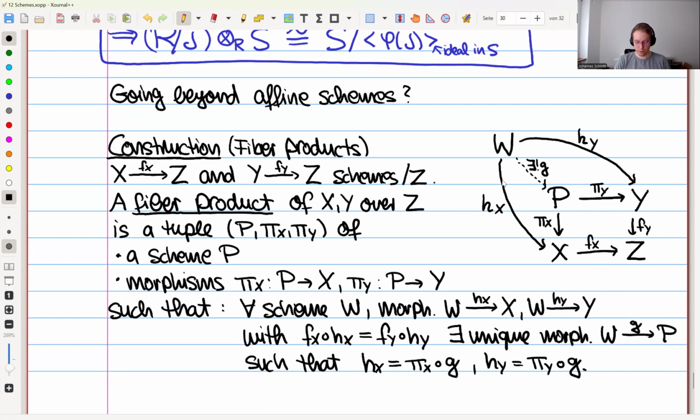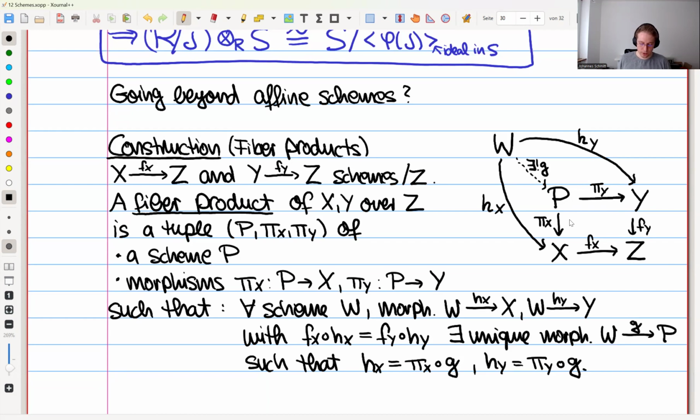So in other words, if you go from W to X and then to Z, it should be the same map as if we go from W to Y and then to Z. These should be the same morphisms. So if we have this commuting property, then we find the unique morphism of schemes from W to this product P, such that this entire diagram commutes, so that h_X and h_Y are given by the composition with these projections.